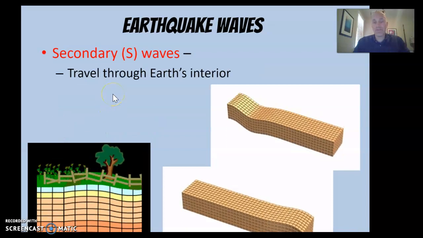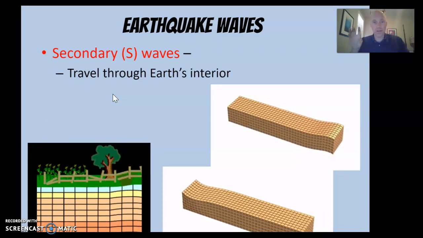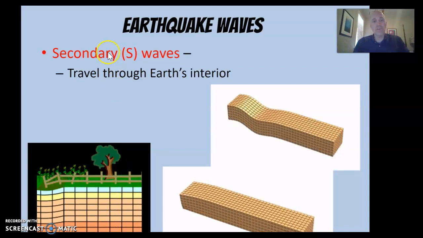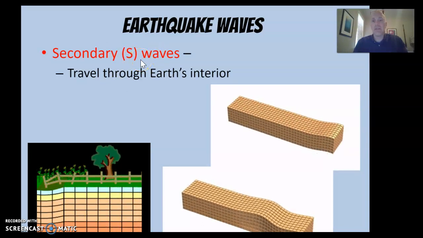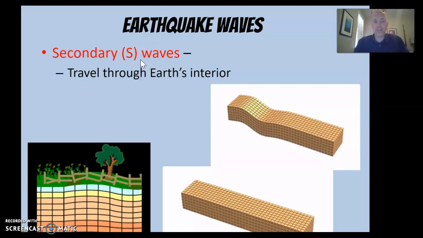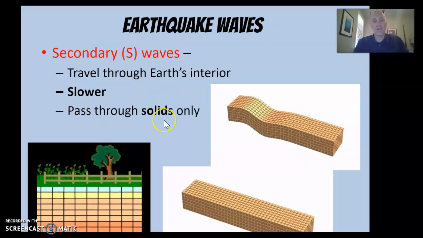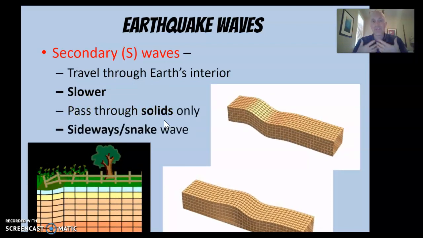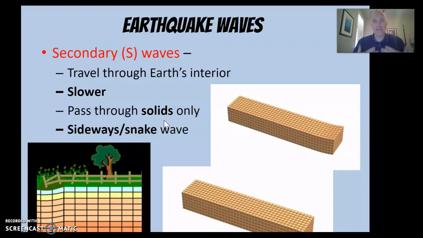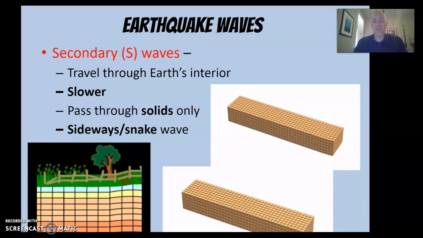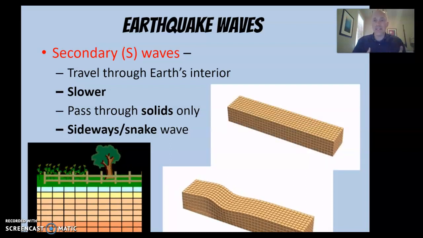The next type of wave, just like a primary wave, travels through the Earth's interior. This one is called a secondary wave, and the reason it's called a secondary wave is that it travels slower than the primary waves. A little bit of an analogy you can use is lightning and thunder.